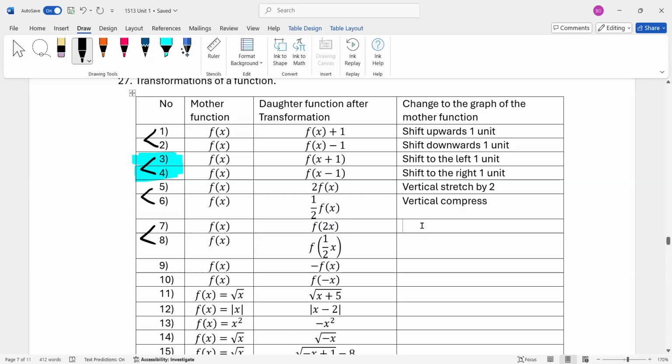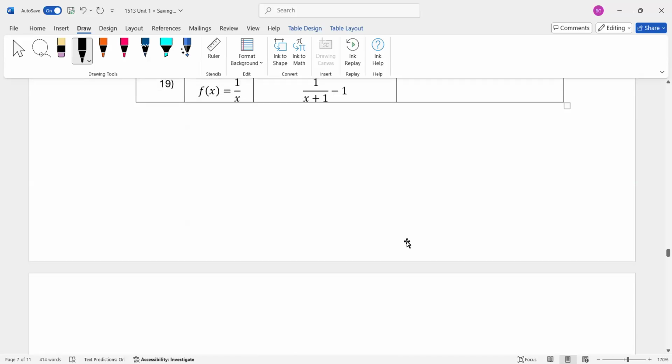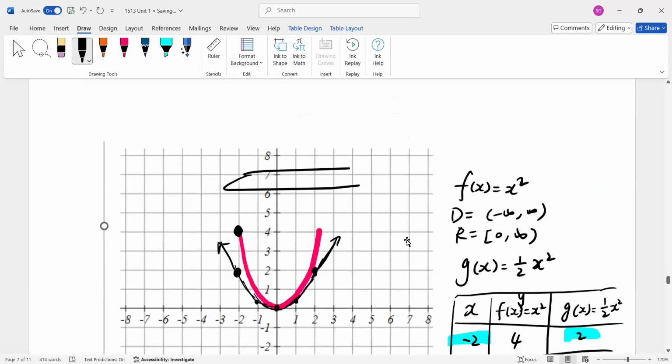Actually, this one is also a little bit anti-intuitive. When we multiply x by 2, the whole graph would be horizontally compressed. Okay, horizontally compressed.